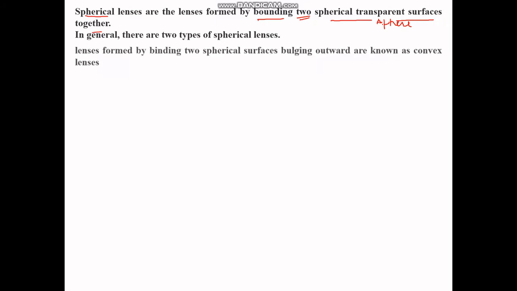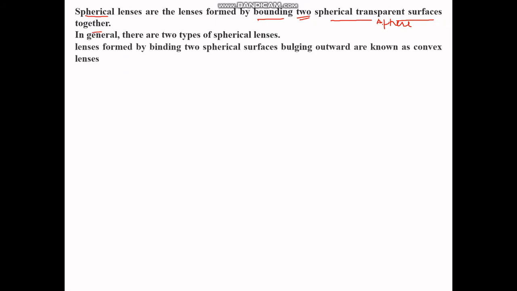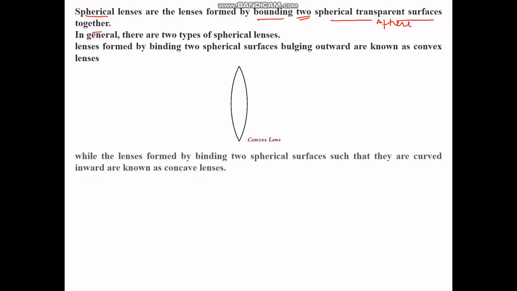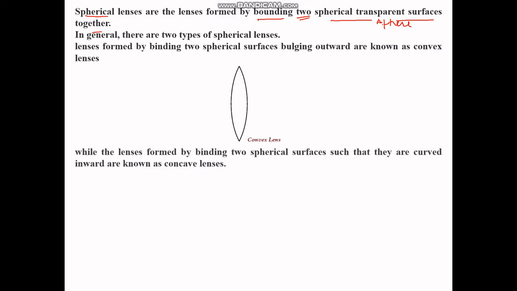In general, there are two types of spherical lenses. Lenses formed by binding two spherical surfaces bulging outward are known as convex lenses. Here you can see two spherical surfaces which are bulging outwards. This is a convex lens. While the lenses formed by binding two spherical surfaces such that they are curved inward are known as concave lenses.